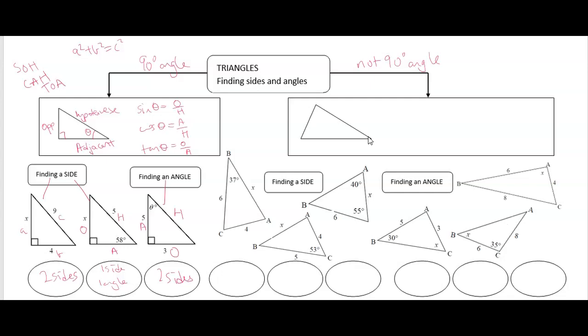So A, B, and C. And then the sides directly opposite. So this is angle A, and then we use lowercase a for the side opposite it. Then we've got B and lowercase b, and C and lowercase c. So with non-right angle triangles, we can use the sine rule.